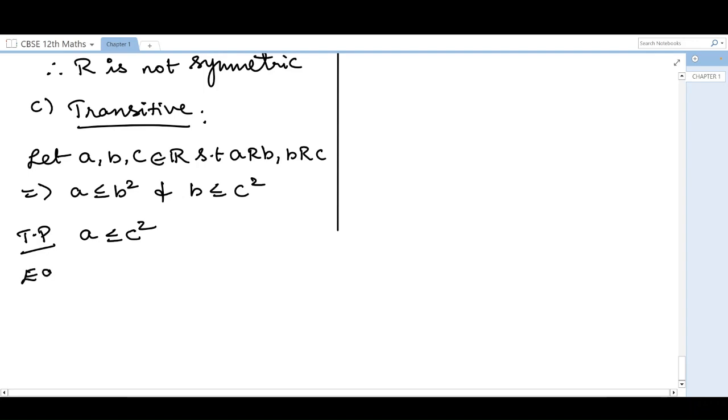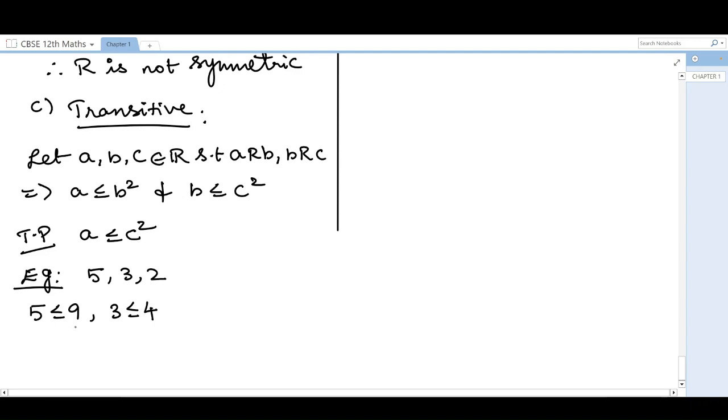Let us consider an example such that A equal to 5, B equal to 3 and C equal to 2. 5 is less than or equal to 3 square, that is 9, and 3 is less than or equal to 2 square, 4.